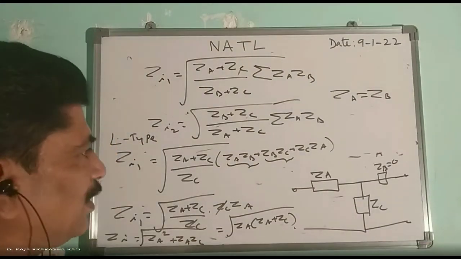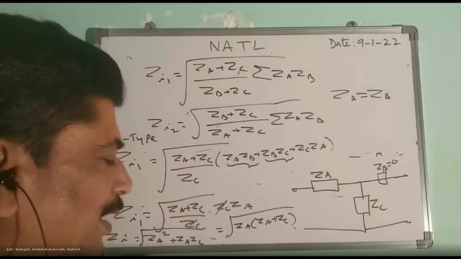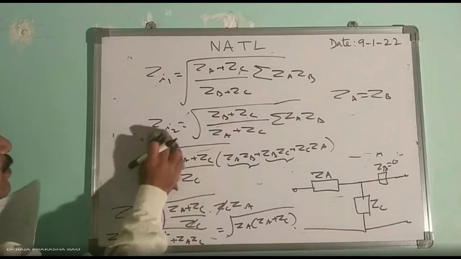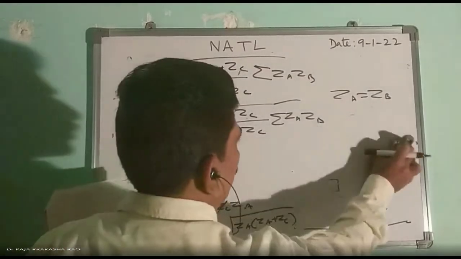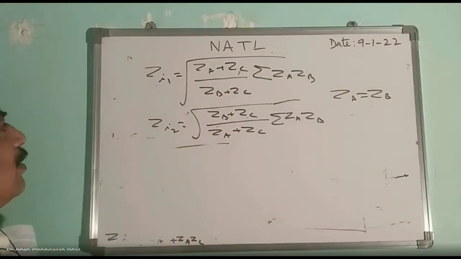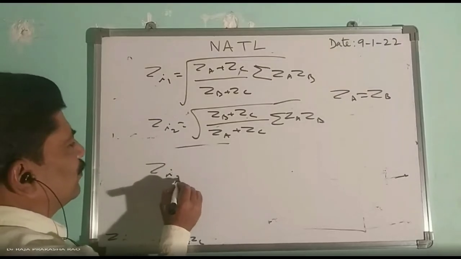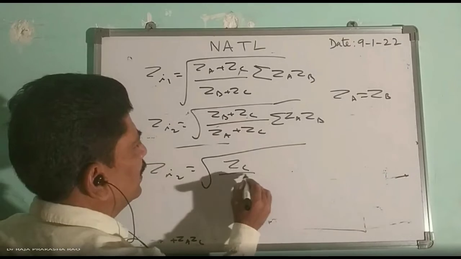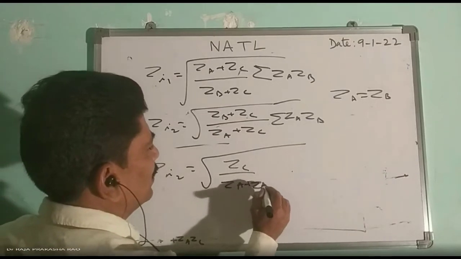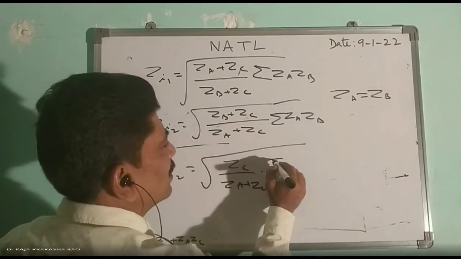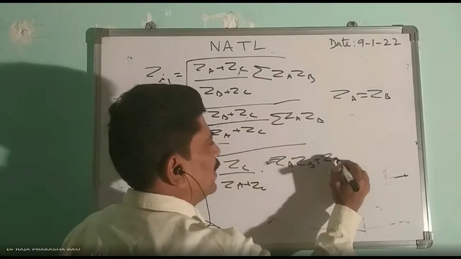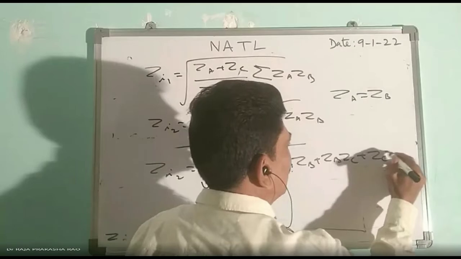Similarly, Zi2 for the L-type network: substitute ZB equal to 0 in Zi2. Then Zi2 will be the square root of ZC/(ZA plus ZC) into (ZAZB plus ZBZC plus ZCZA).